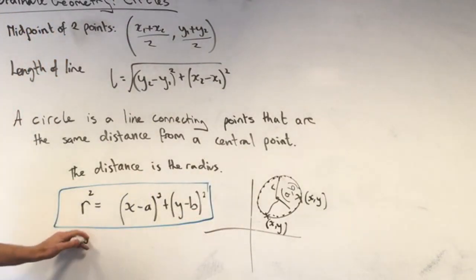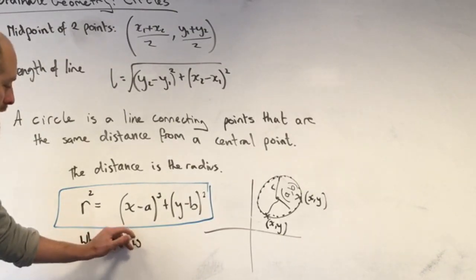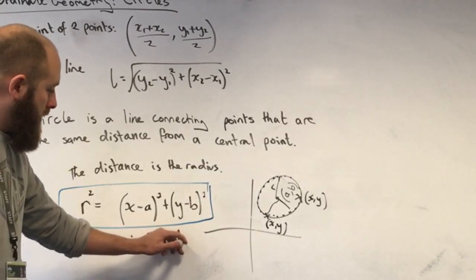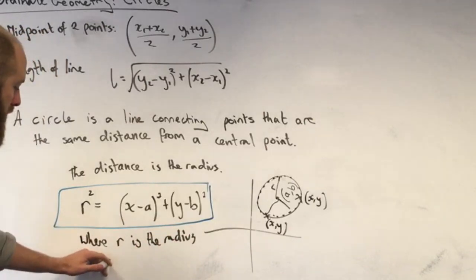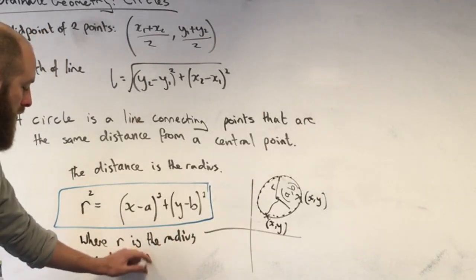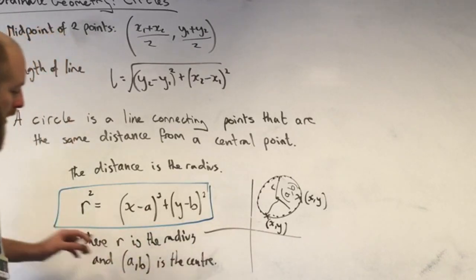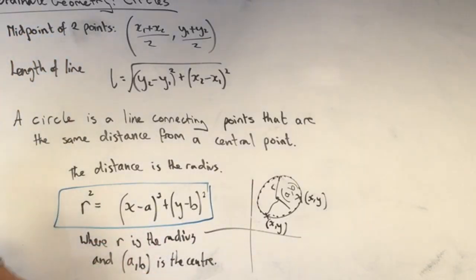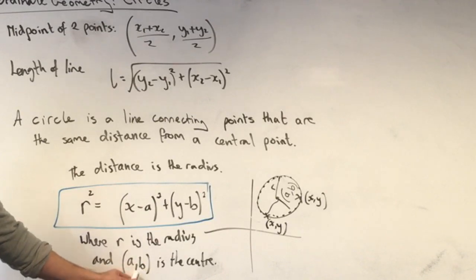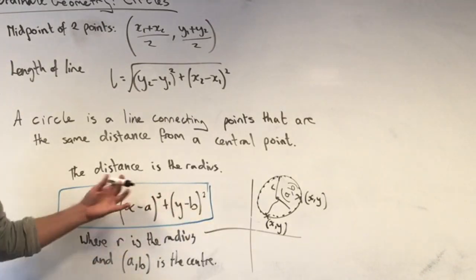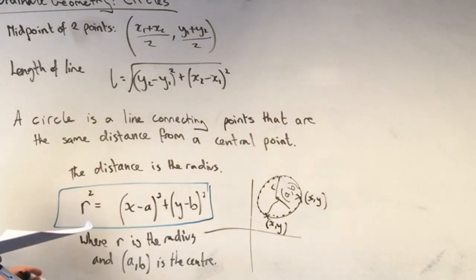Okay, so r is the radius and A, B is the centre. Remember, if positive A, positive B is the centre, we have minus A, minus B in the brackets. It's always different when you're inside our function.